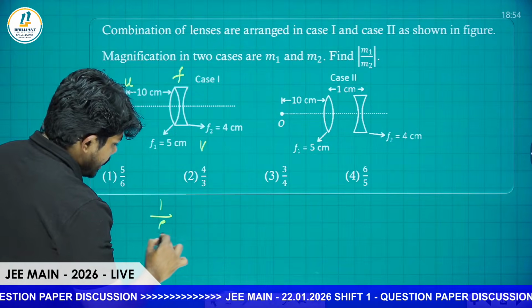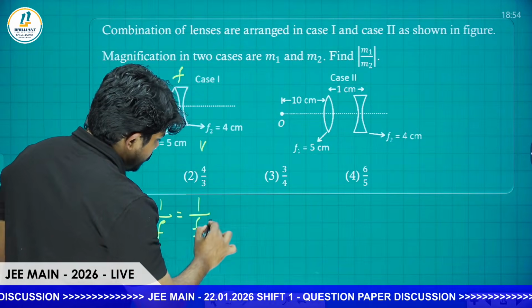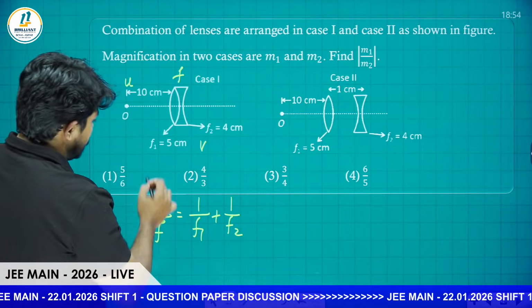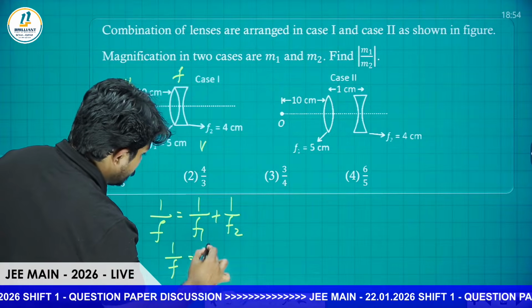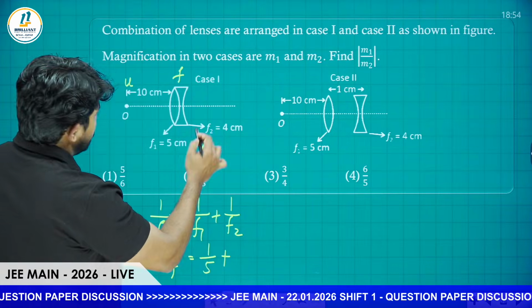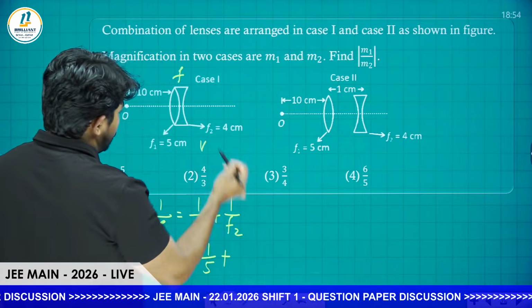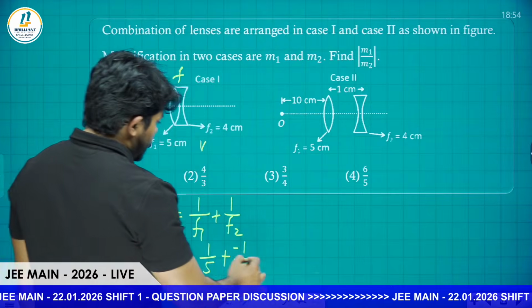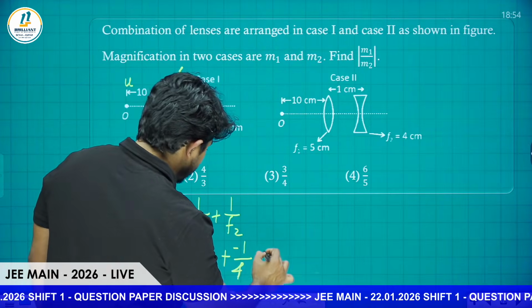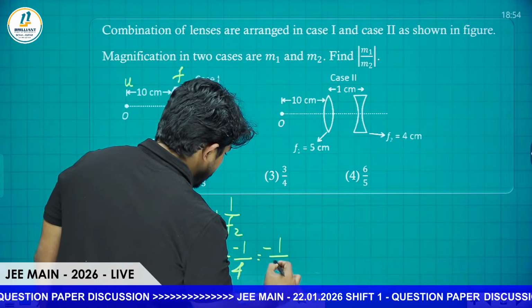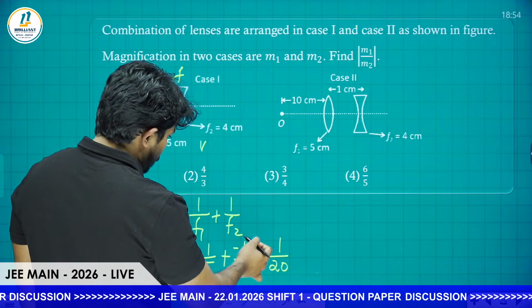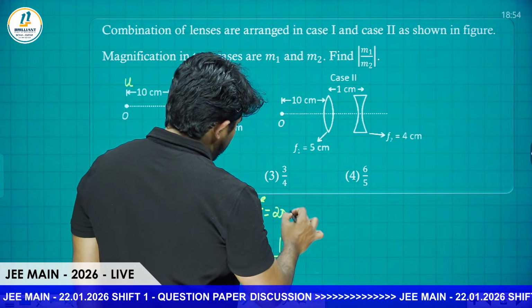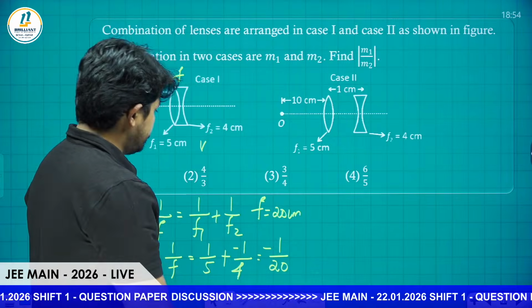So 1 by f is equal to 1 by f1 plus 1 by f2 for these two lenses. 1 by f is equal to 1 by 5 plus, this is a concave lens, so minus 1 by 4. So it will be minus 1 by 20. So the combination will have a focal length of 20.